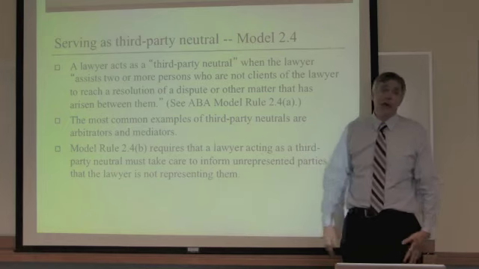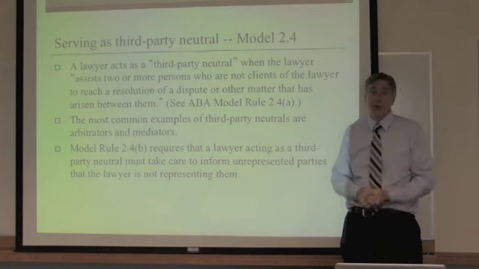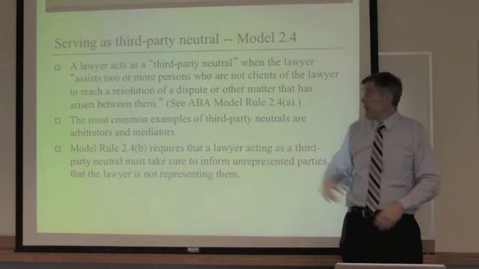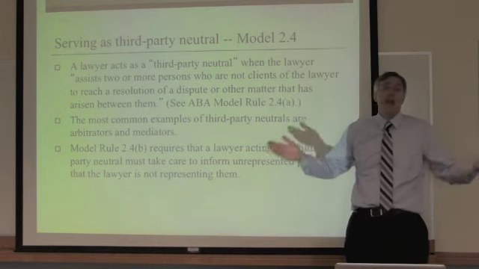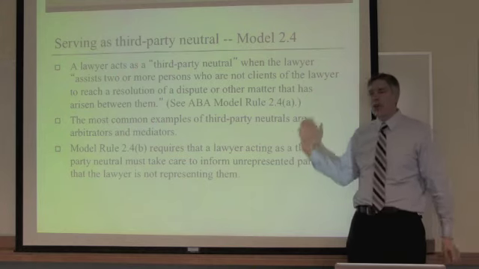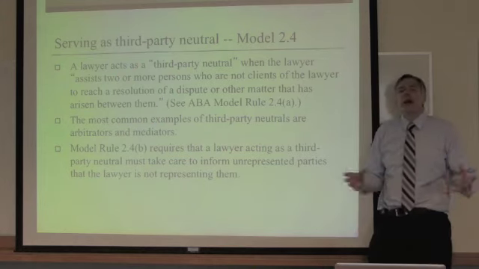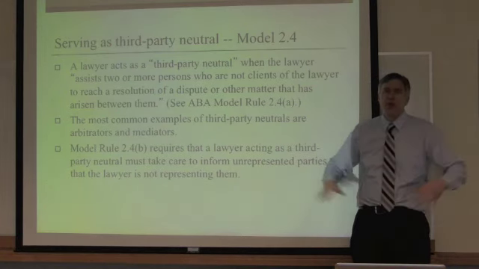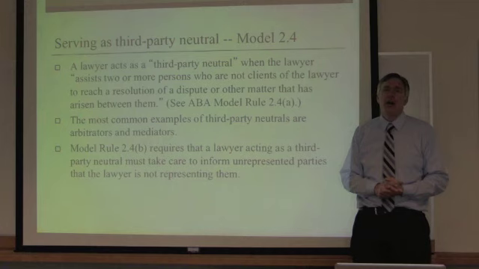That's all we have to do now. I could imagine a day, if you're in practice for 10 years and you suddenly veer into third-party neutral practice, you might want to check 2.4 again. It may one day have more rules, but not so far. I think the bar doesn't want to get ahead of regulations that the mediation profession or the third-party neutral profession as a whole might develop.